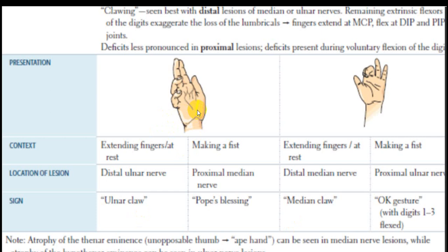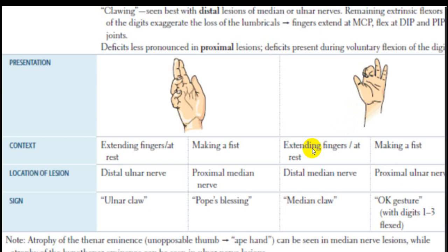This is the typical presentation of a claw hand, which will be ulnar claw hand, and this is a median claw hand. In an ulnar claw hand, you will have these two fingers affected, while in a median, the two digits, that is ring finger and little finger, flexion will be normal, while here the flexion will be affected.